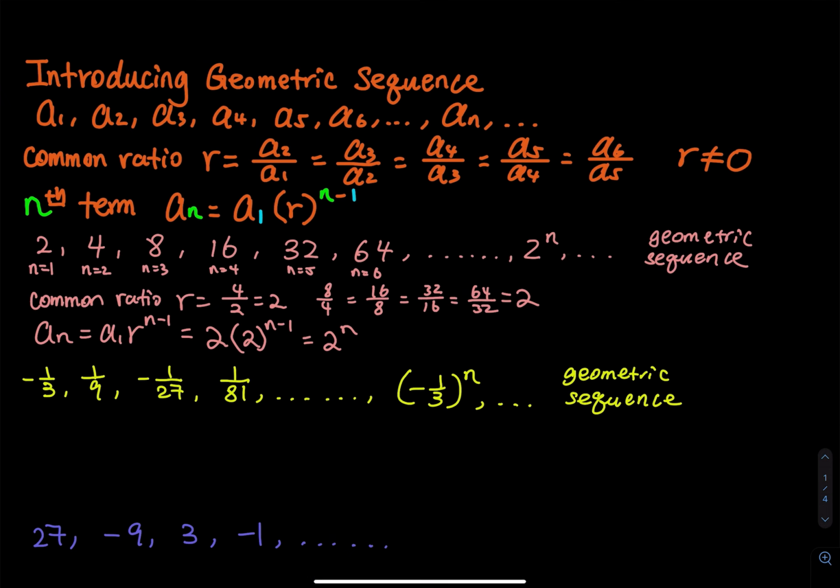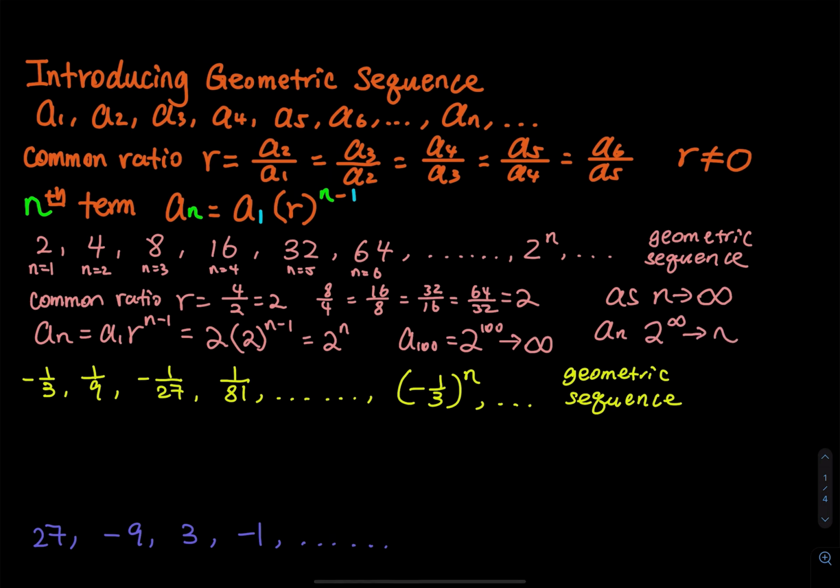Now, using the nth term, what happens when n is large? What happens when n is equal to 100? Then you have 2 raised to the 100th power. This is very close to infinity. So in this geometric sequence, as n becomes extremely large, as n approaches infinity (the arrow stands for approaches), the nth term is 2 raised to a very large power, and this is just infinity.